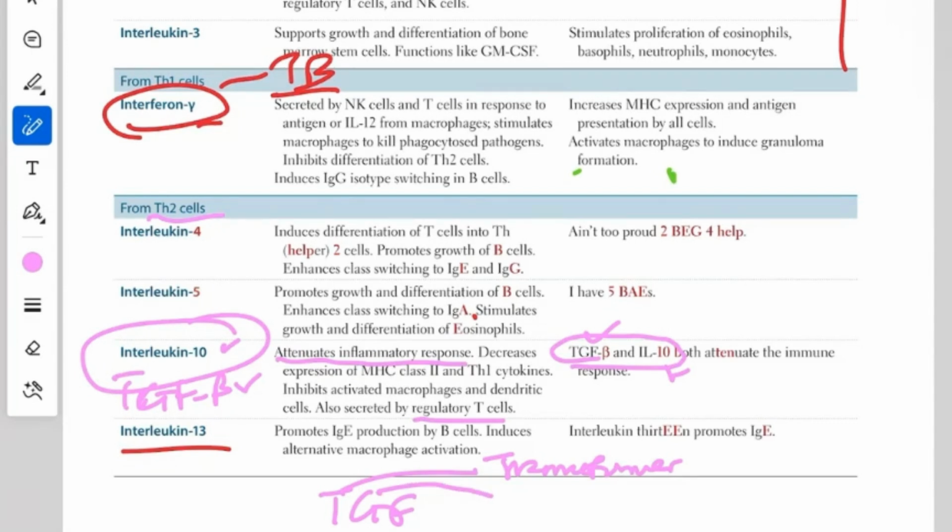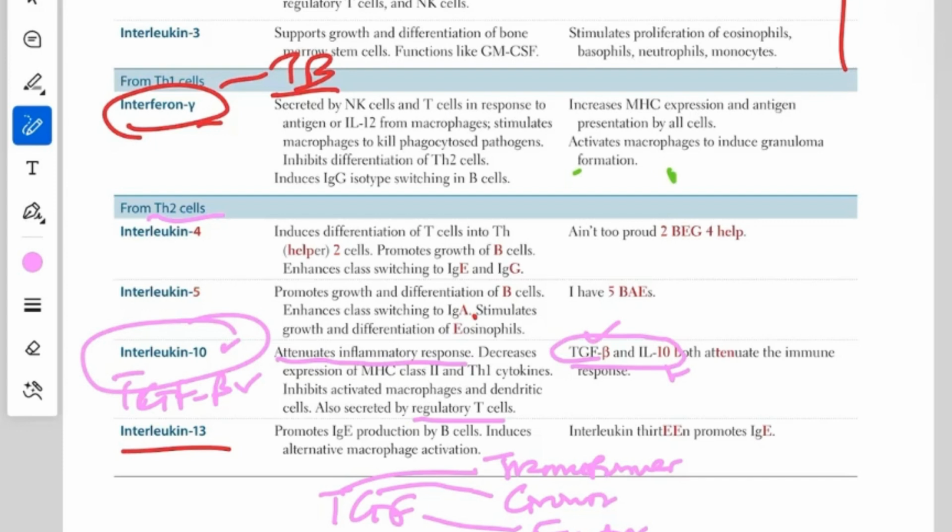Transforming growth factor, transforming growth factor beta. For TNF, the T is tumor necrosis factor. So those are different; they are not the same terminologies.